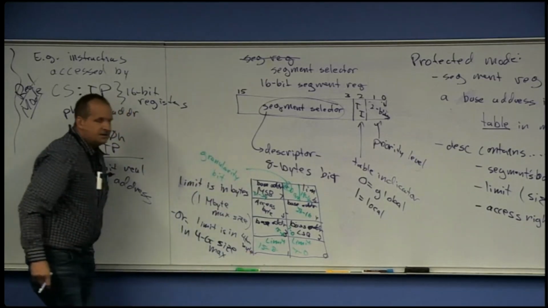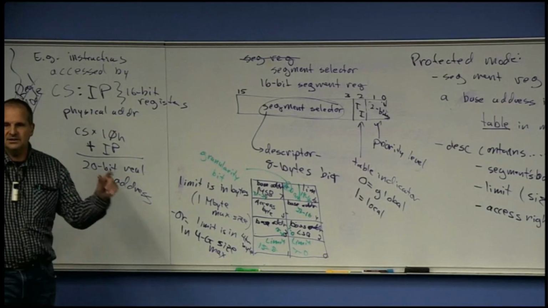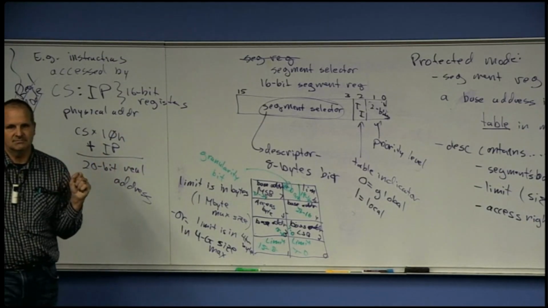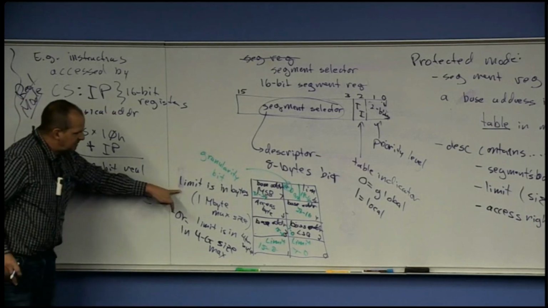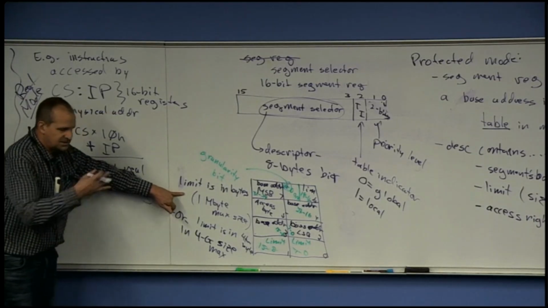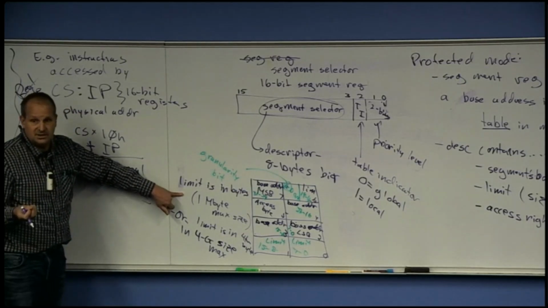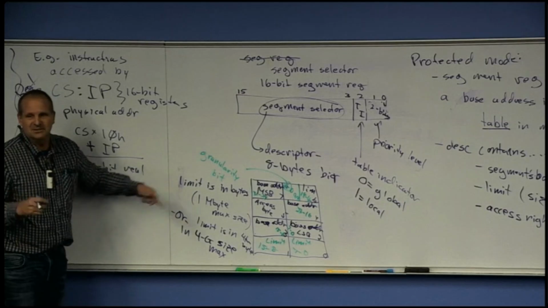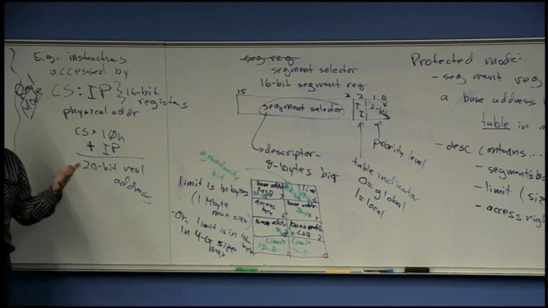Okay, so if your limit was 2, it'd be an 8 kilobyte segment. Where if the granularity bit's a 1, or if it's in bytes, I should say, if the limit's 2, then it's a 2-byte segment. So again, they tried to make it as flexible as possible.